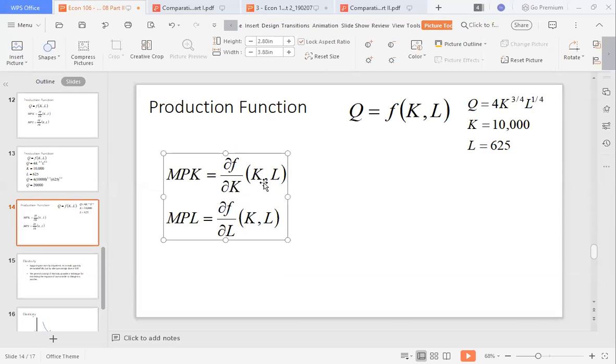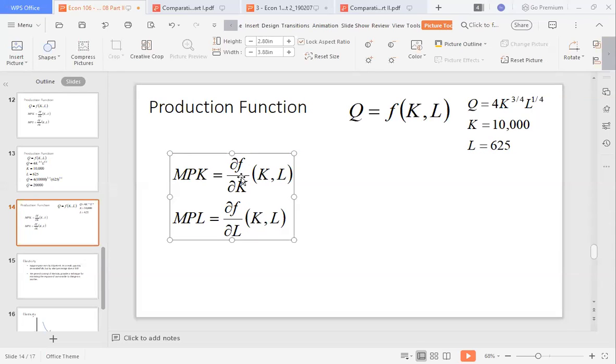Let's first, since we have figures anyway, try to get MPK here. I'll do MPK and I'll ask one of you to do MPN. So this one would be partial Q. On your end there, since you already have a production function here, you can get MPK on your end.